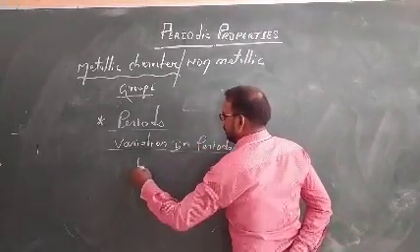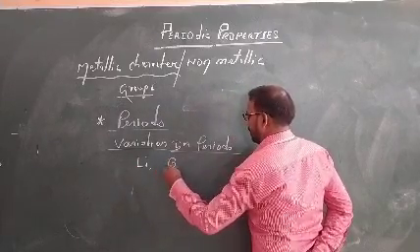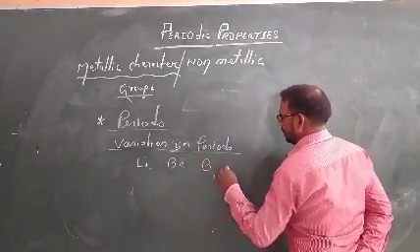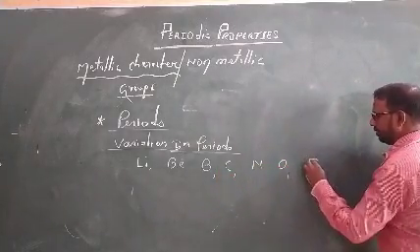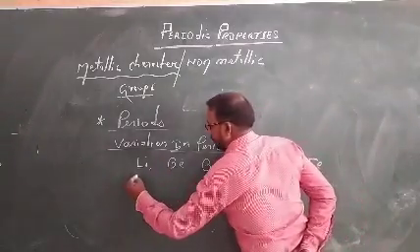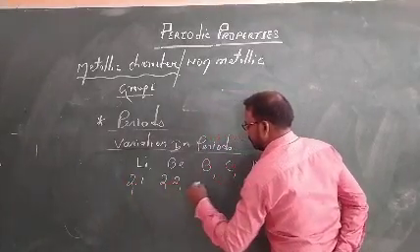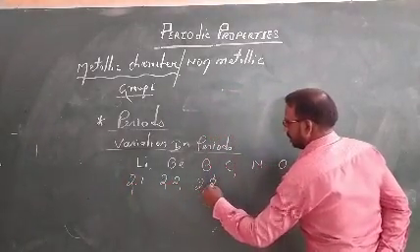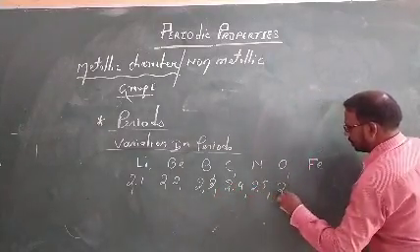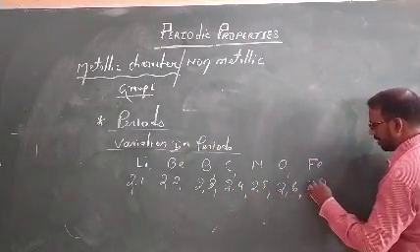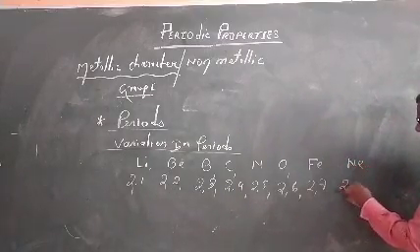So already I have said lithium, beryllium, boron, carbon, nitrogen, oxygen, fluorine, and you have to write the configuration 2,1; 2,2; 2,3; 2,4; 2,5; 2,6 and 2,7. Also you can write neon, 2,8.